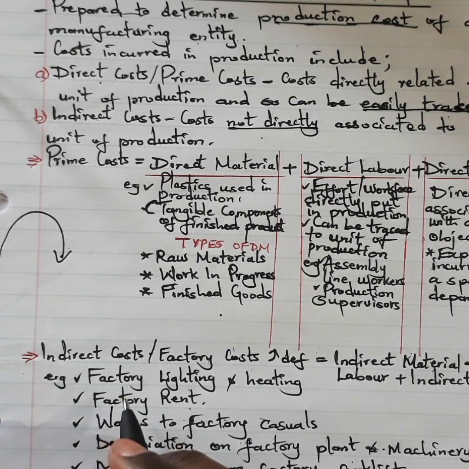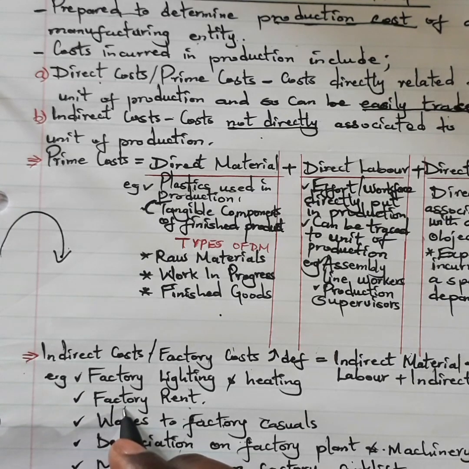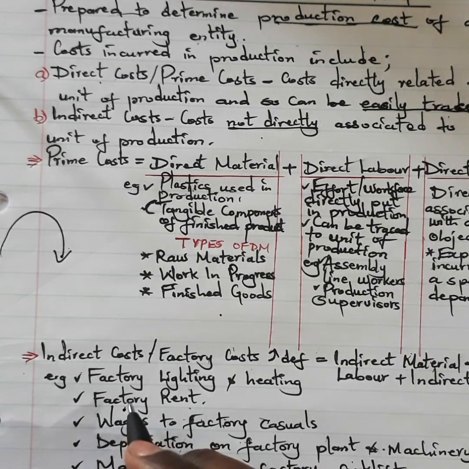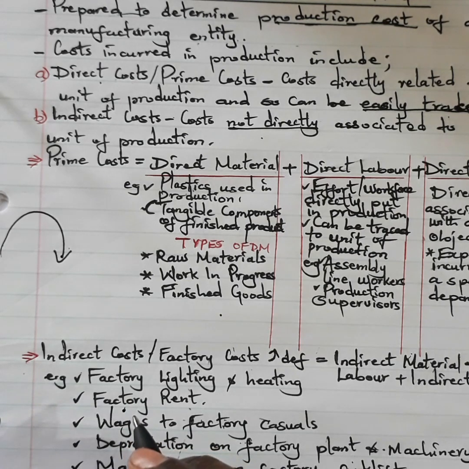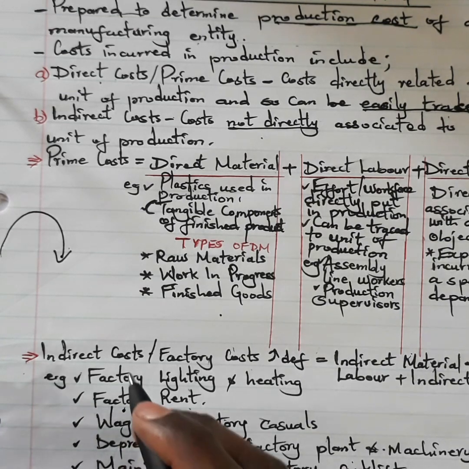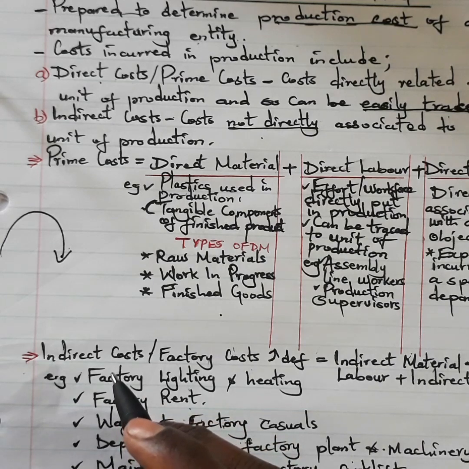Of course, when you talk about factory rent, for example, in the factory premises we have employees, we have the machines, the various types of assets. So we actually don't know which asset we are paying the rent for, and in this particular case, it comes under indirect cost.